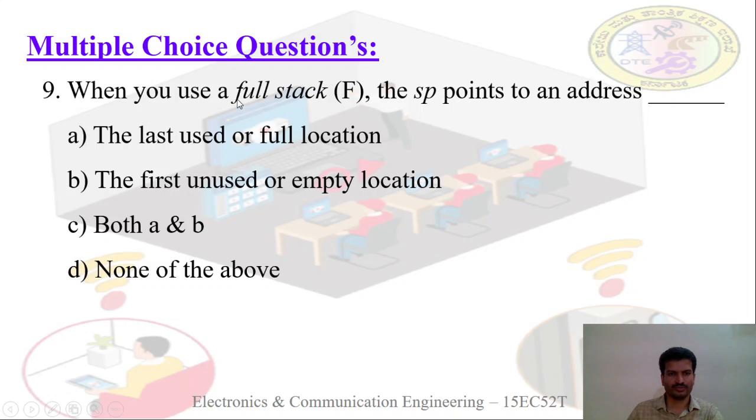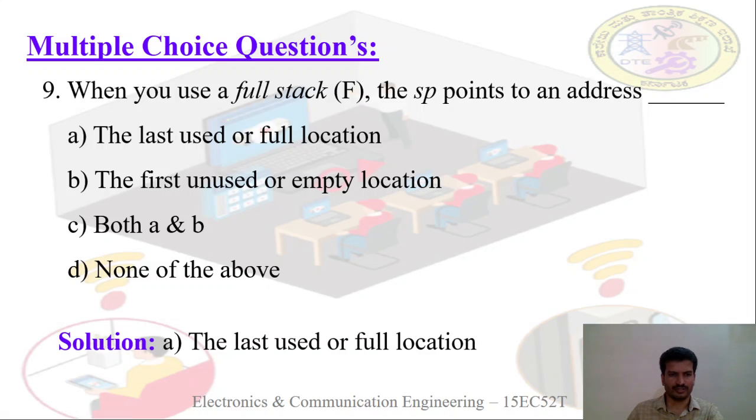The answer is option A. Full stack means the stack pointer points to the last used or full memory location, so it is pointing to the last used data. So A is the right answer.